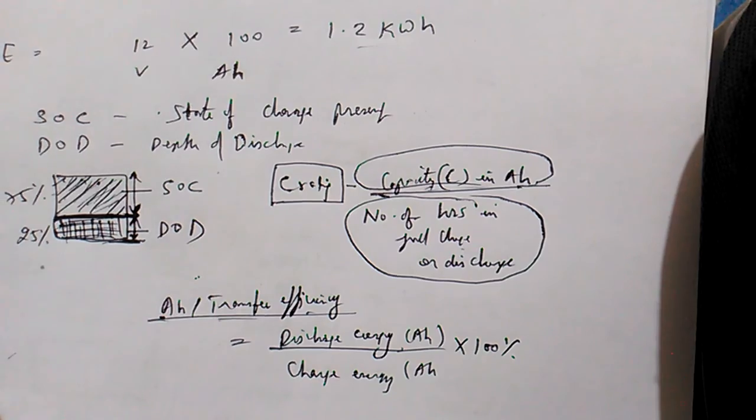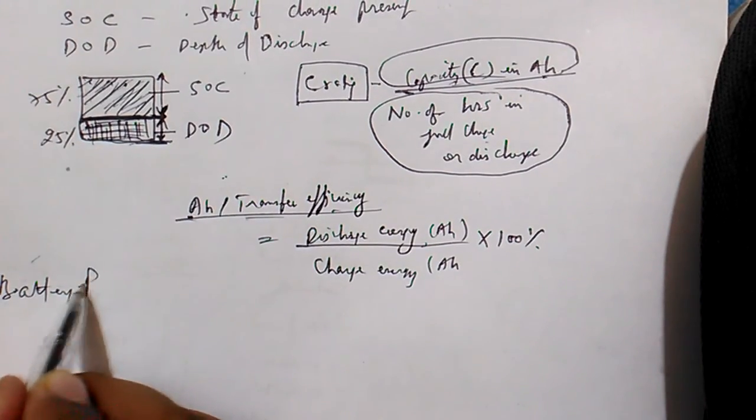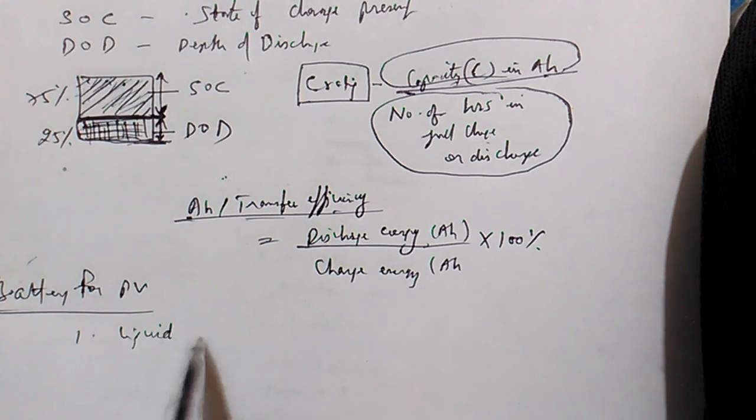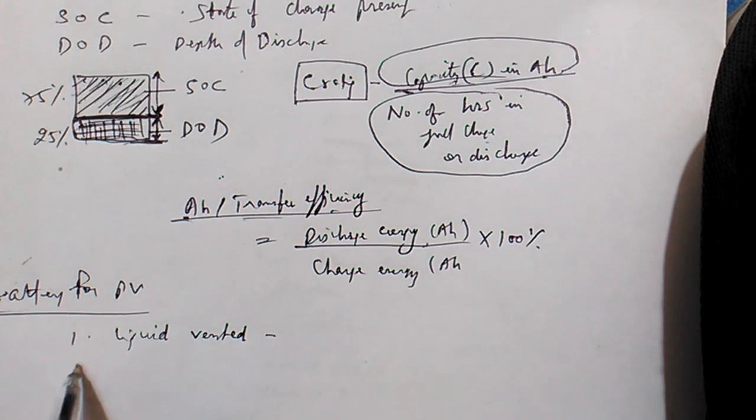Okay, so batteries for photovoltaic: the first one is liquid vented. Liquid vented is a type.